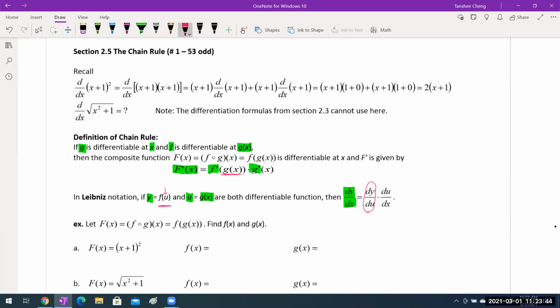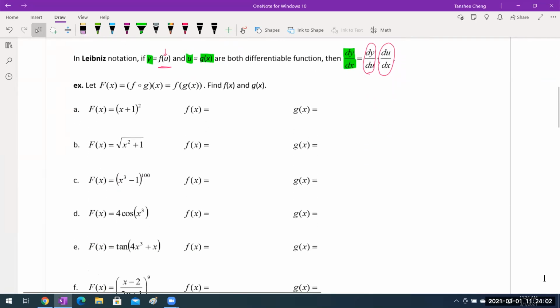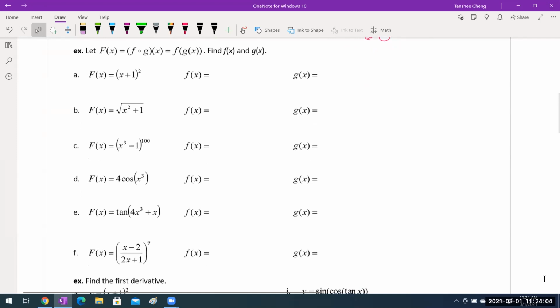You can use this notation, but you have to define all the variables again. I will try to use this notation first, and then practice, and you will see the Leibniz notation more and more later in Calc 2 and Calc 3. First, we want to review composition functions.